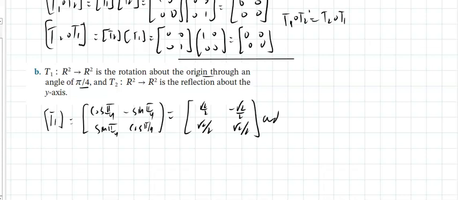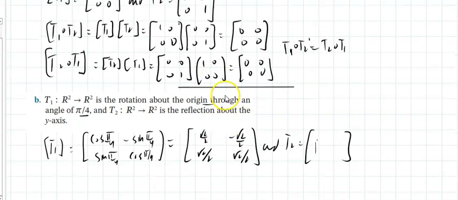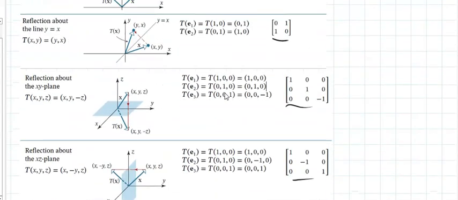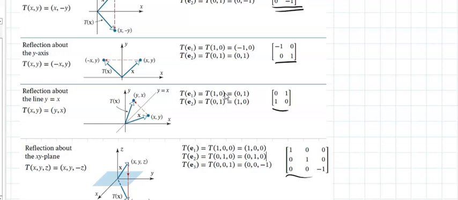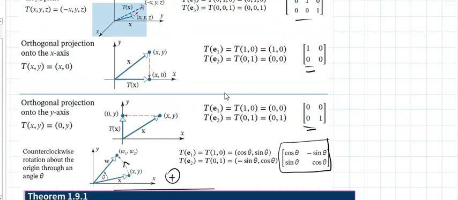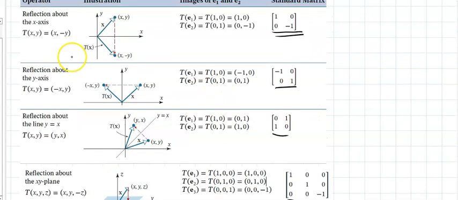Now, T sub 2, reflection about the y-axis. That would be reflection about the y-axis for 2 dimensions. Okay, it's right there.